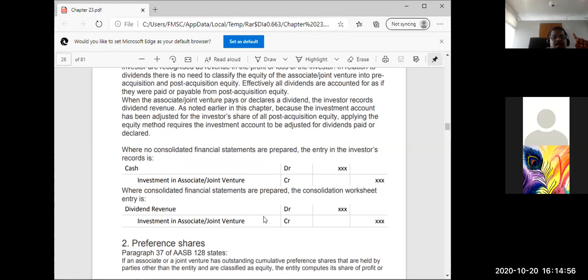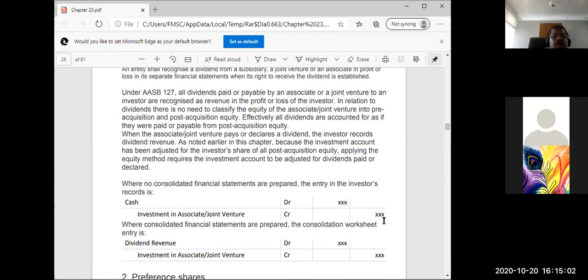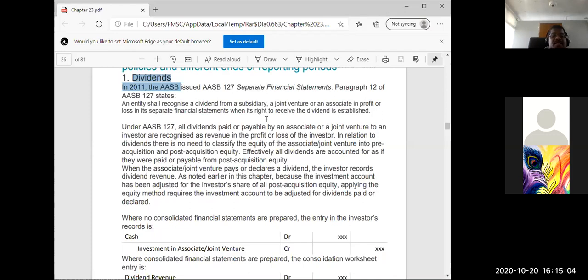Dividend revenue debit, investment in associate or joint venture credit, so the investment asset account will decrease by that. If you read this here, you can understand all dividends paid or payable by an associate or a joint venture to an investor are recognized as revenue in the profit and loss of the investor.